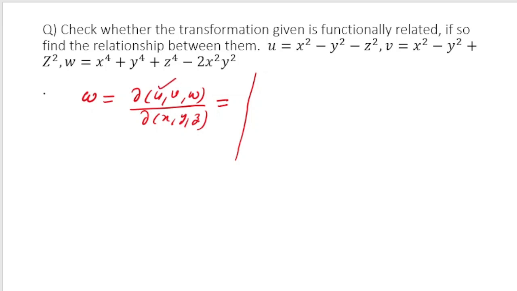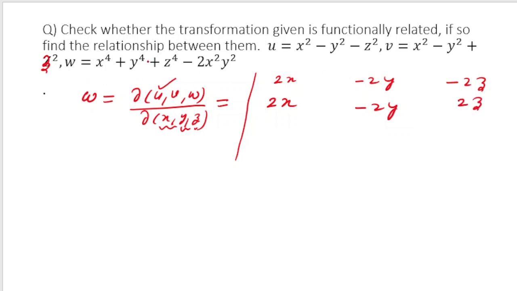So I have to fix u and differentiate it with respect to x, y and z. So x square gives 2x, minus y square gives minus 2y, and minus z square gives minus 2z. Then v with respect to x, y and z: with respect to x square, 2x, with respect to y, minus 2y, and with respect to z, it is a small z, sorry, z square, so it will be 2z.